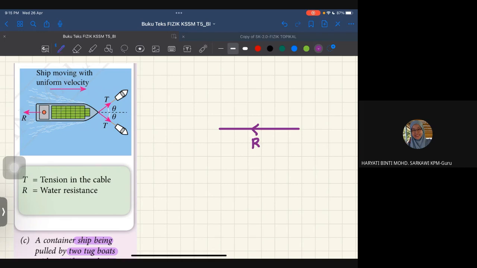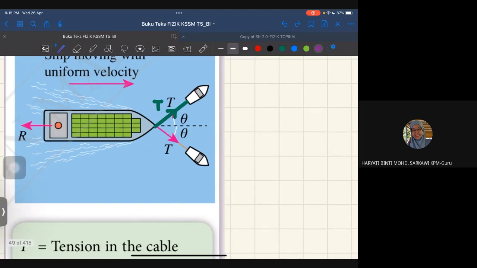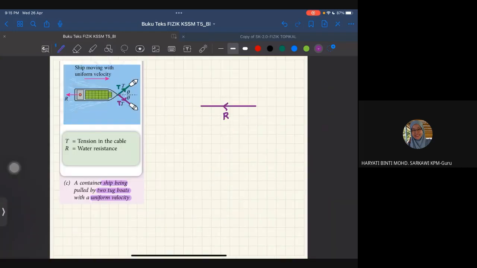So after you draw R, then you draw your T. I change color to make it easier for you to understand. So let's say this is T like that, and another T, let's say purple, downward. When drawing a diagram, you need to use a ruler.